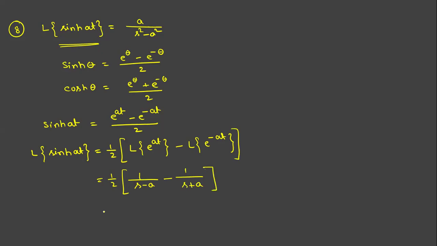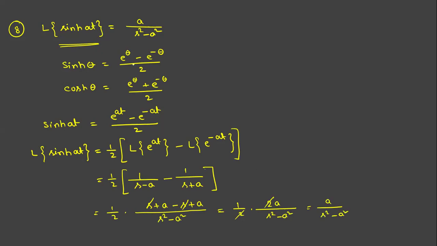Just simplify this. The LCM is s plus a into s minus a, that means s squared minus a squared, and the numerator will be s plus a minus s plus a. So s cancels, and you are getting half into 2a divided by s squared minus a squared. So 2 cancels, and this equals a by s squared minus a squared.